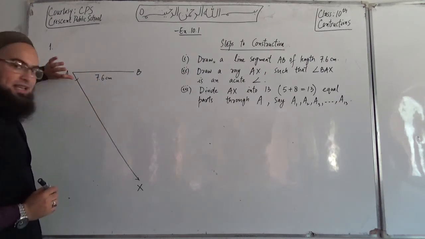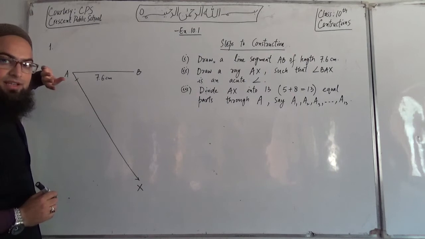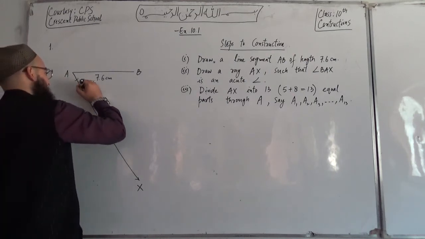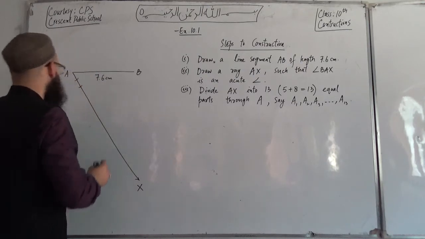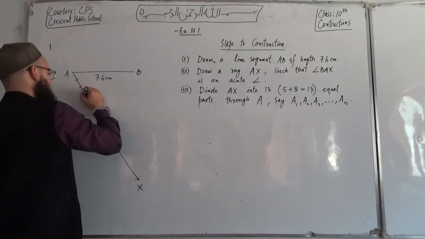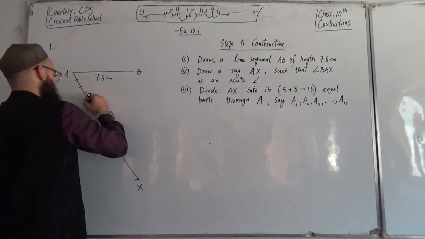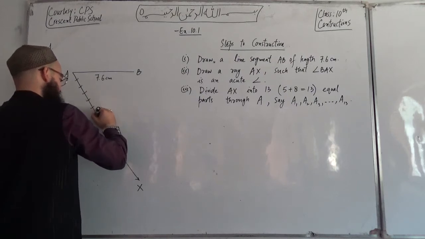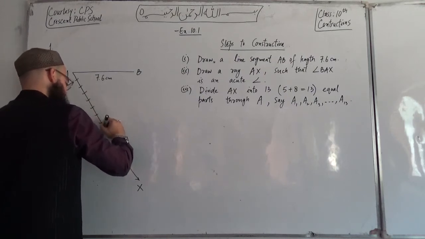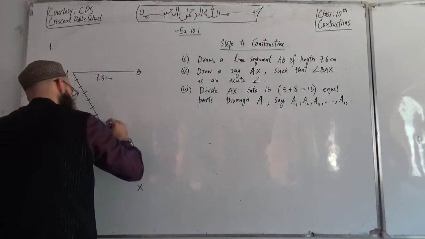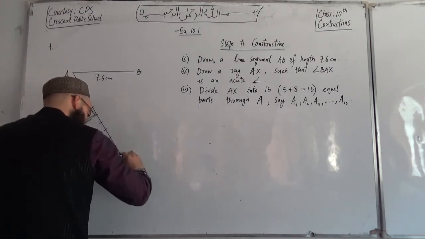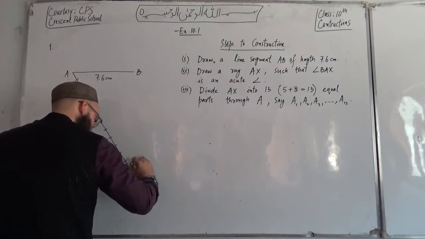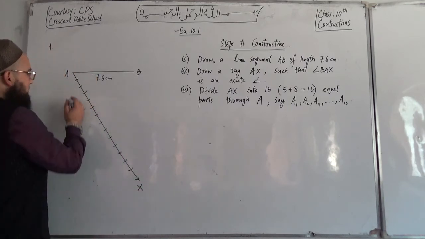Then with this point as center, same radius, draw another arc and go on continuing till you reach A13. 13 points: 1, 2, 3, 4, 5, 6, 7, 8, 9, 10, 11, 12 and 13. So these are your 13 parts.